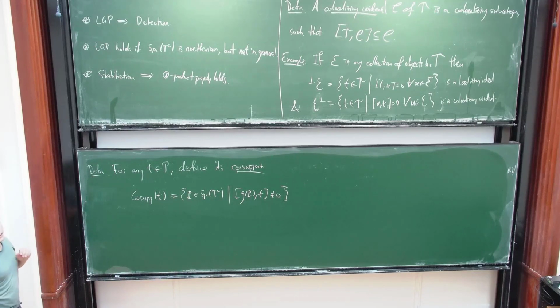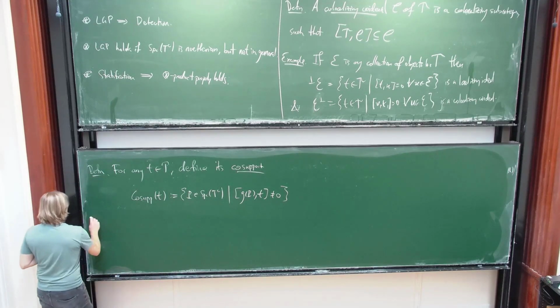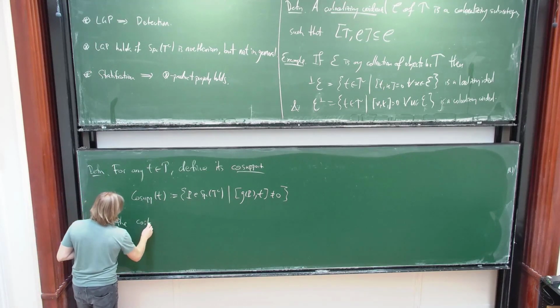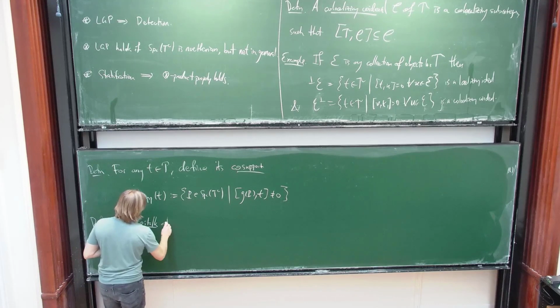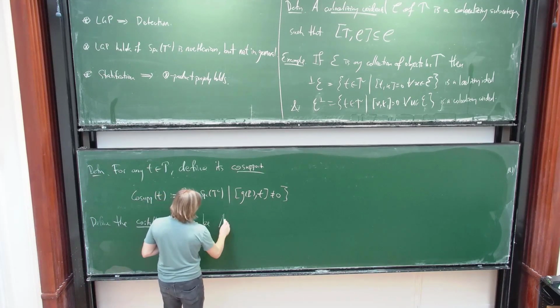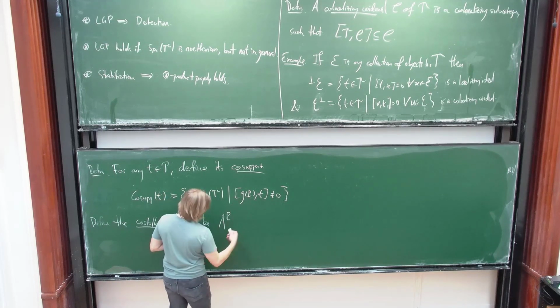So you can make this definition, and you could define the co-stalk at P to be the image of this functor homming out of GP.